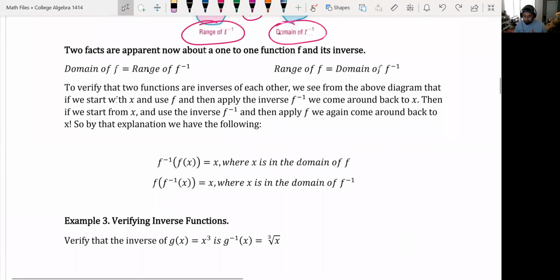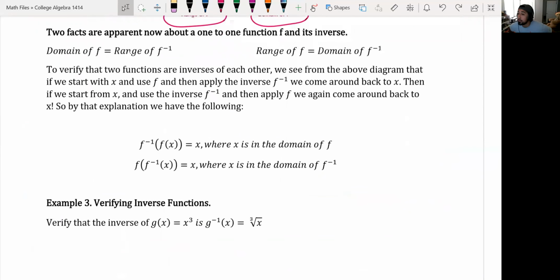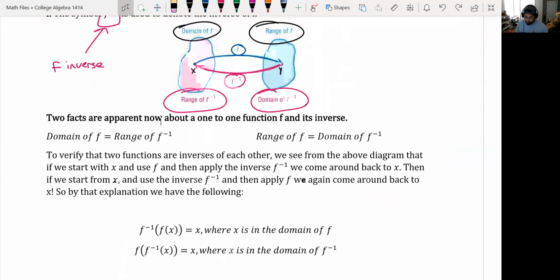Now, to verify that two functions are inverses of each other, we see from the above diagram, my blobs, that if we start with x and use the original function f, we get to the range. And then, if you apply the inverse, we come back to x.